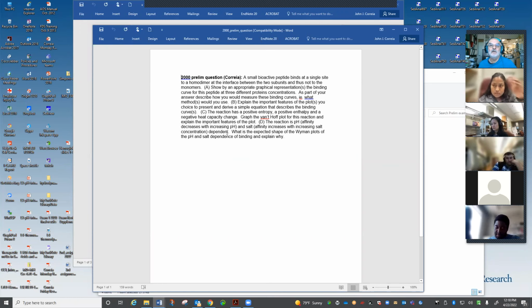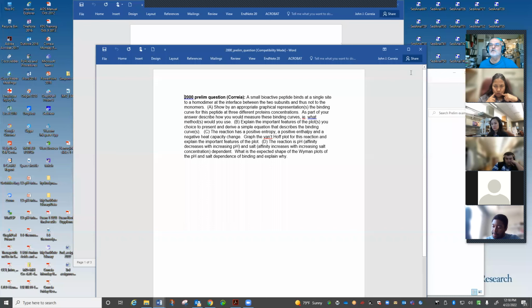The pH dependence has to do with plotting the ln K data in terms of pH, which I think we'll be talking about more Tuesday. So that will be a bigger issue. Maybe I've sort of been over this, but we'll talk about it on Tuesday.